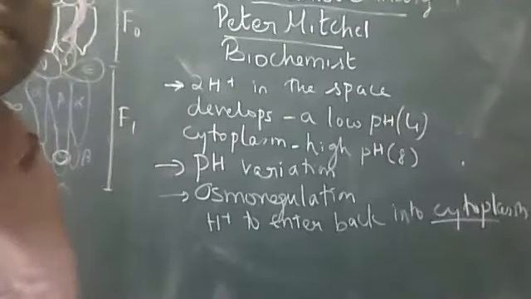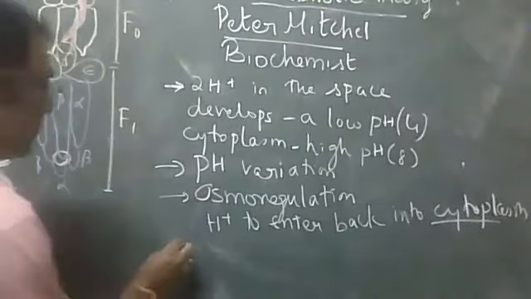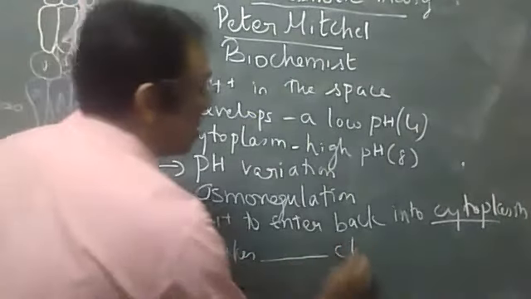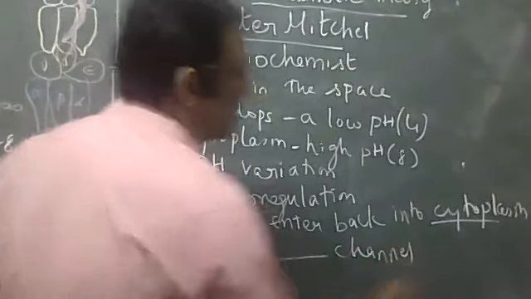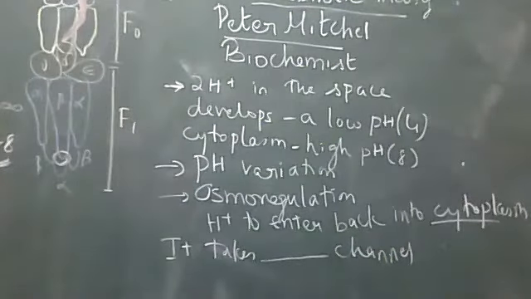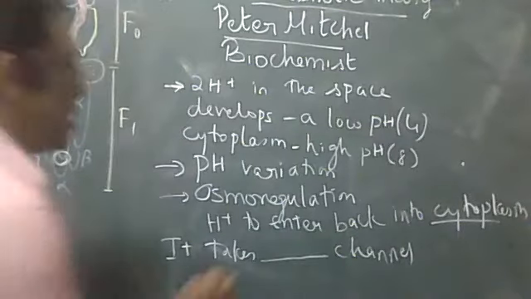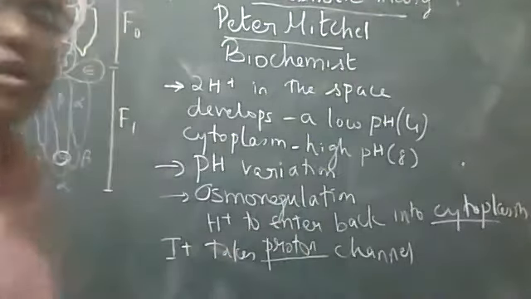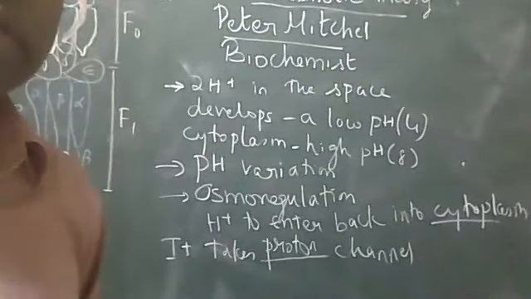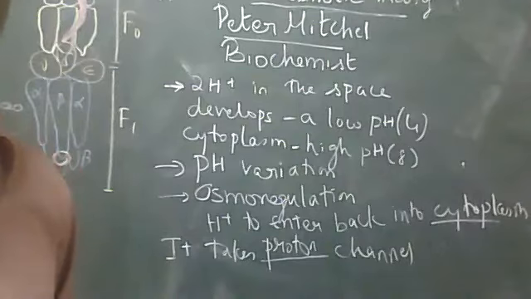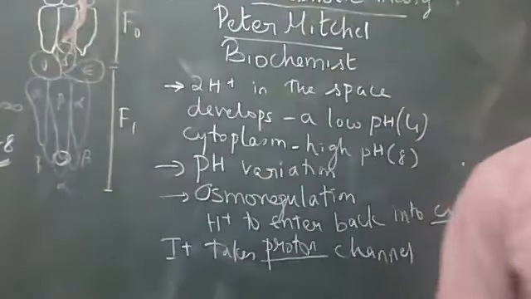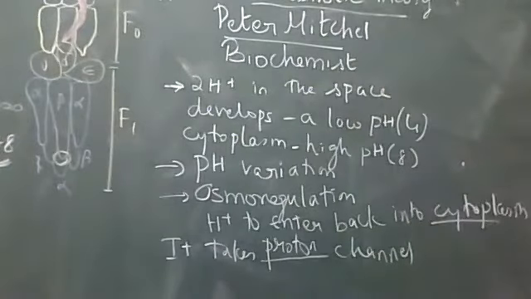So, which channel does it take? ATP synthetase channel. Yes, I will call it the proton channel. You can always call it the proton channel or ATP synthetase channel. All are clear till here? Yes, sir.